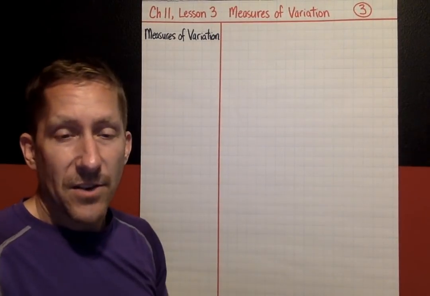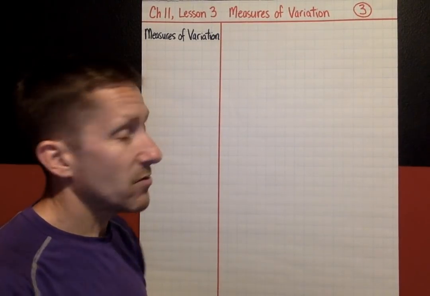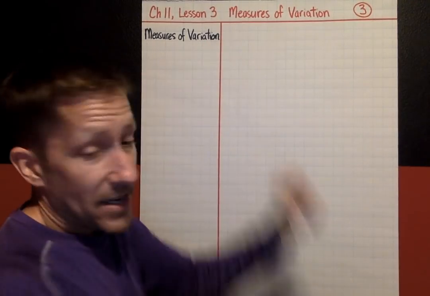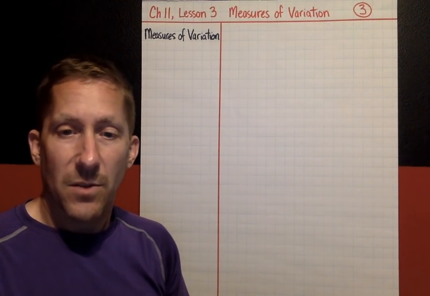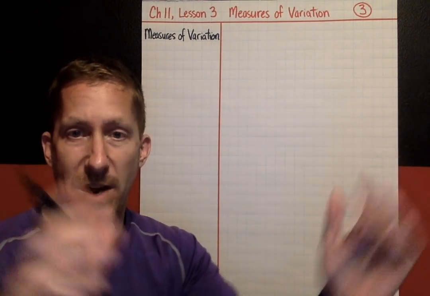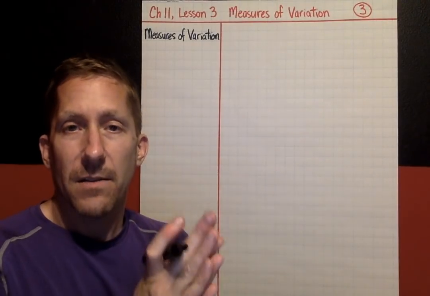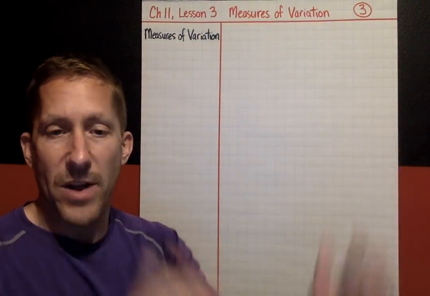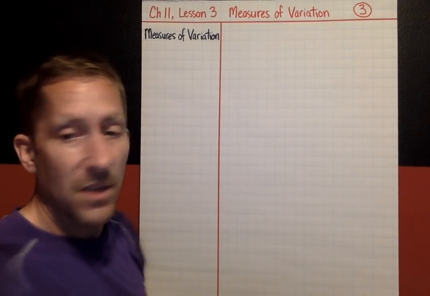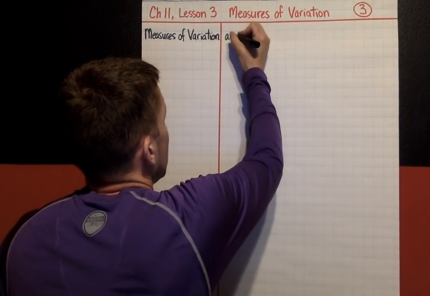So the measures of center that we've already covered describe kind of center points of your data. Measures of variation are used to describe the spread of your data. Is it spread out a lot? The spread of your data, not the middle that measures of center cover, but the spread of it. So that's what we're going to write here. Measures of variation are used to describe the spread of the data.